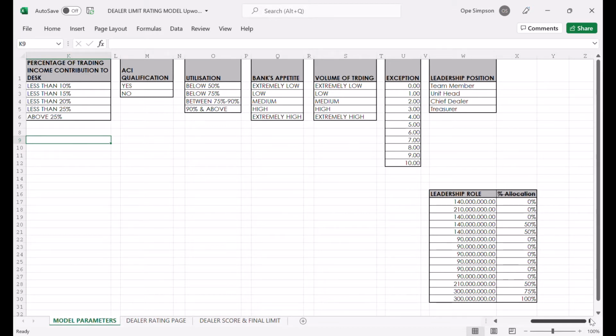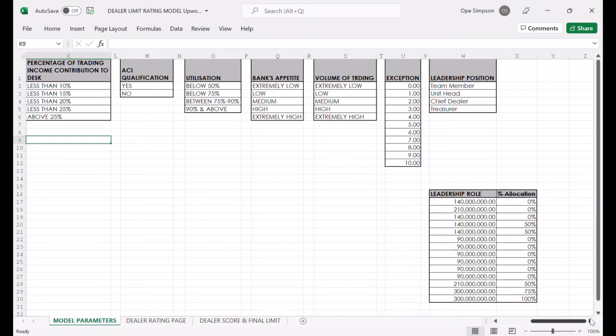This could give room for extreme transactions that could put the bank at risk, particularly on bad trades that are quite huge. So for utilization, we have below 50% utilization, below 75% utilization, all the way to 90% and above utilization.